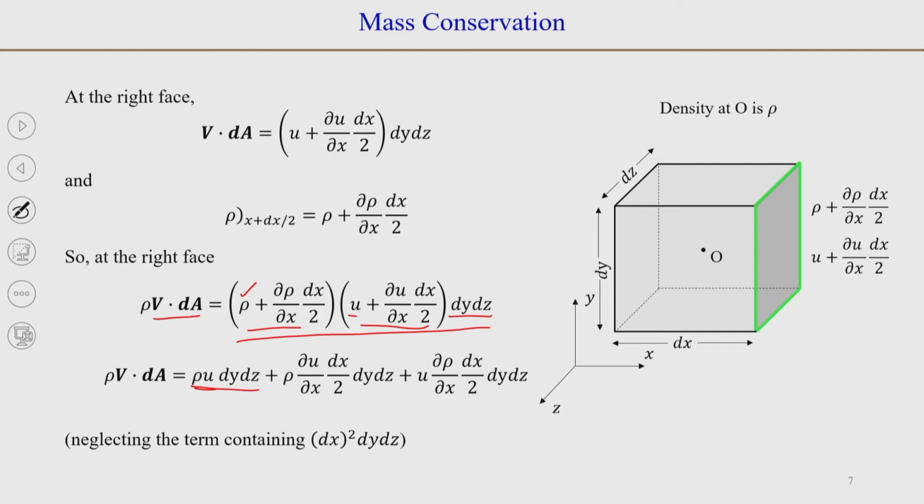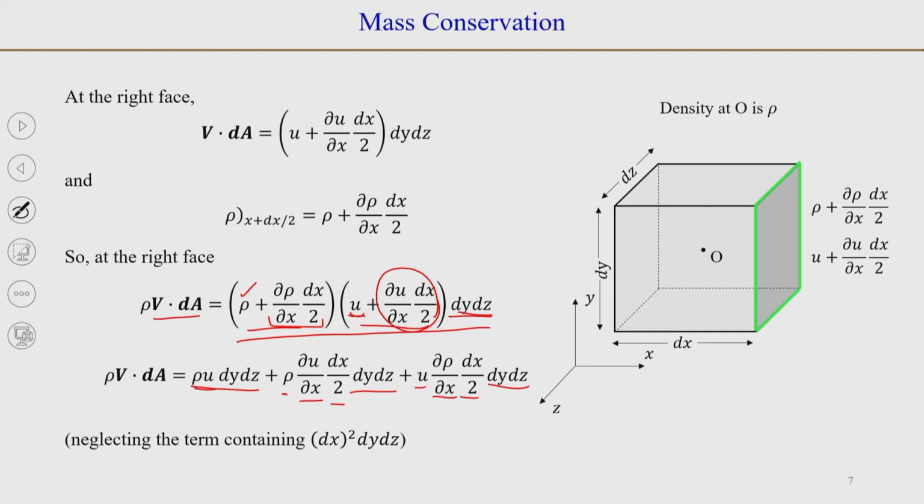Then you multiply rho with the second term here. So, you will get rho dou u by dou x into dx by 2 multiplied by this area dy dz. Then let us multiply the second term of the density bracket with the first term, u. So, you will have u into dou rho by dou x into dx by 2 multiplied by dy dz.